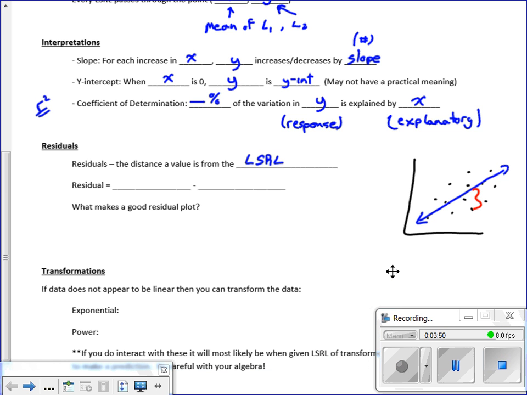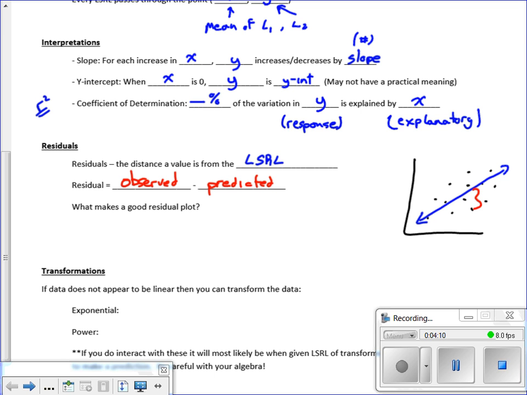So recall that a residual, if you're going to have to actually find a numerical value, you take your observed value and you subtract from that the predicted value, and you get that predicted value, recall, from plugging into the least squares regression equation.